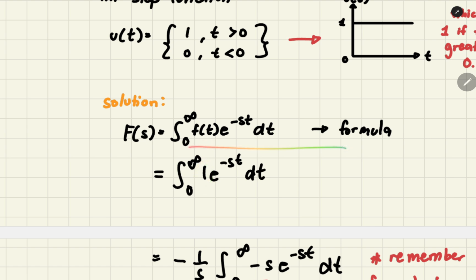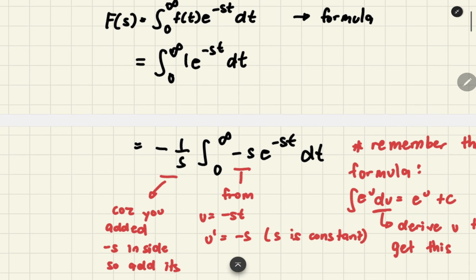From this formula, it became the integral from 0 to infinity of 1, which is the u of t function, times e raised to negative st, dt.